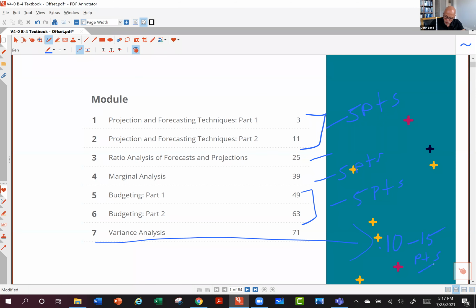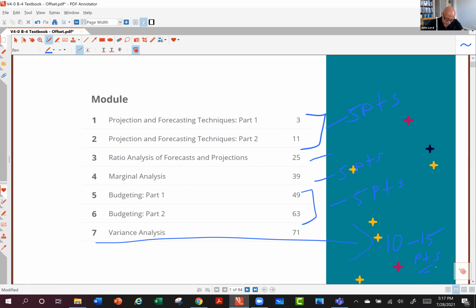Okay, this has a long tradition on the exam. It is still something that they like to test heavily on. You will absolutely have variance analysis questions on your exam. You'll have multiple choice questions. You'll have a task-based simulation on this. They are going to test you on this on the BEC exam.